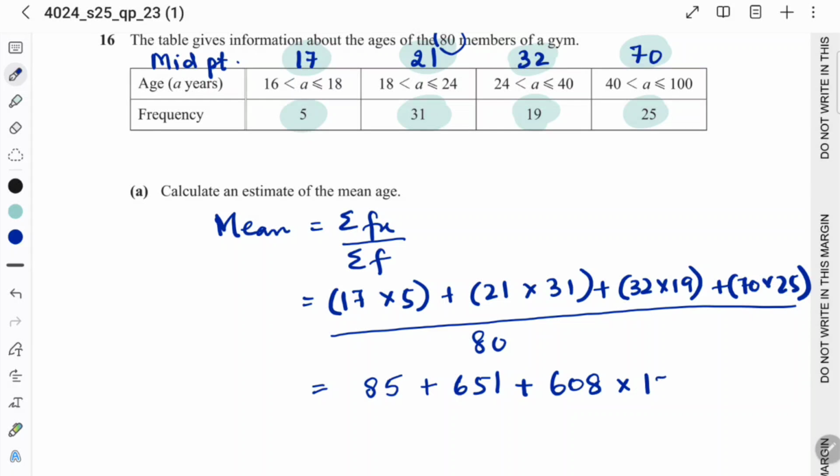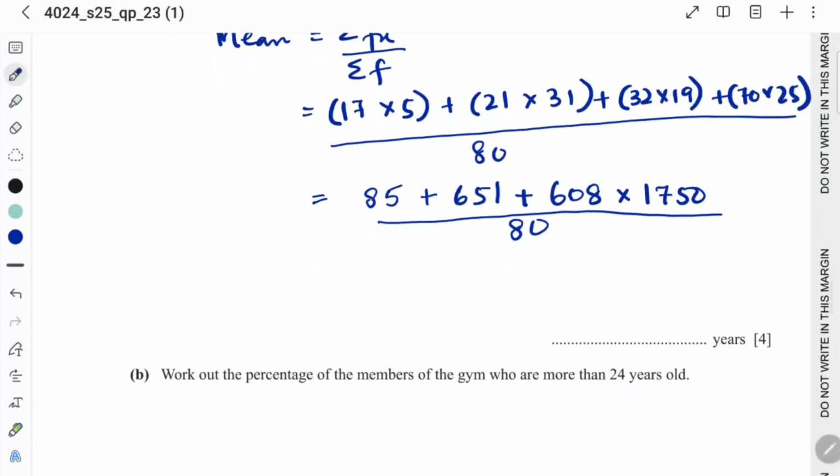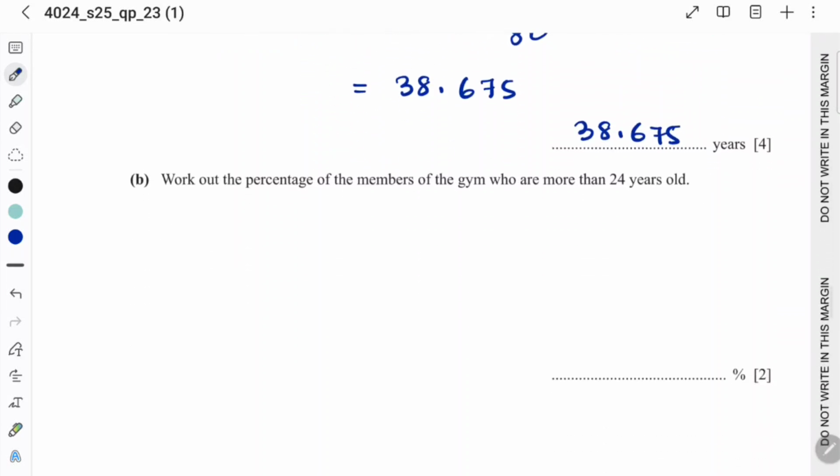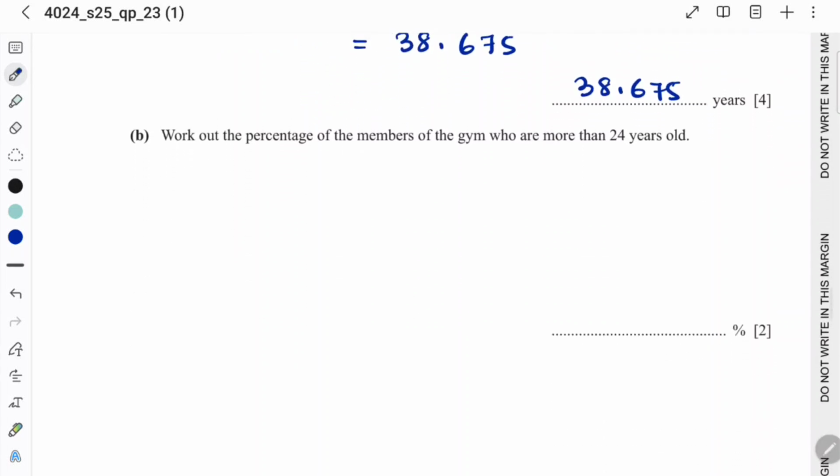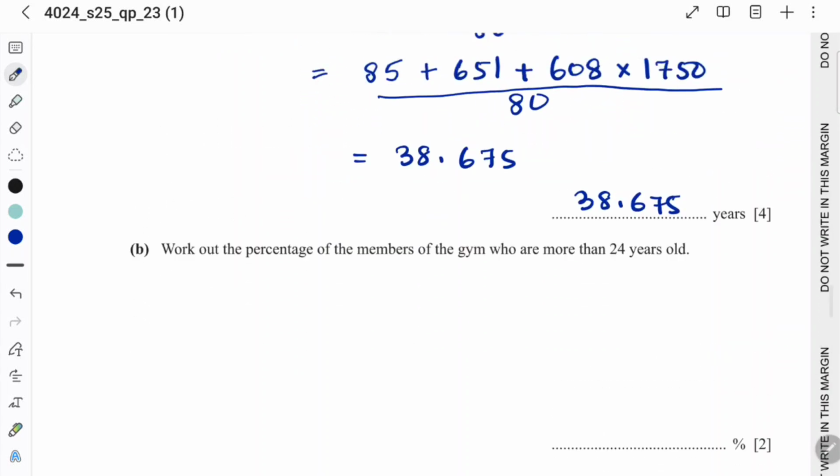So that is 1750. Okay, divide by 80. Calculate the sum and divide by 80. You will get 38.675. 38.675 years.